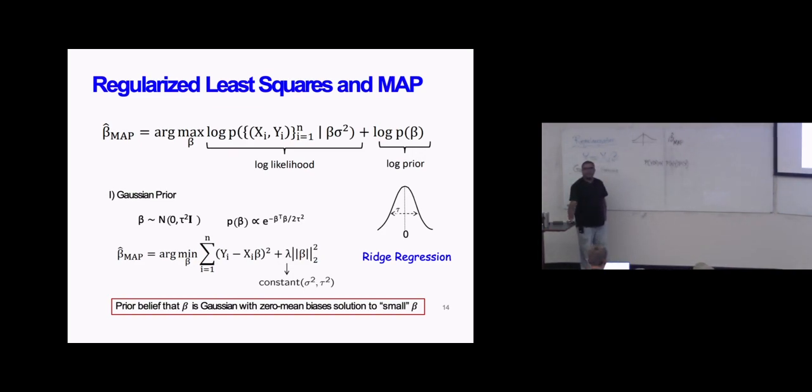Bayesian. What did we call this term? This is the likelihood. This is your data, x. What is this? Prior. What is this? Posterior. Yes.